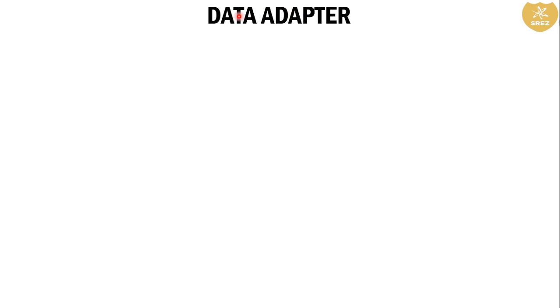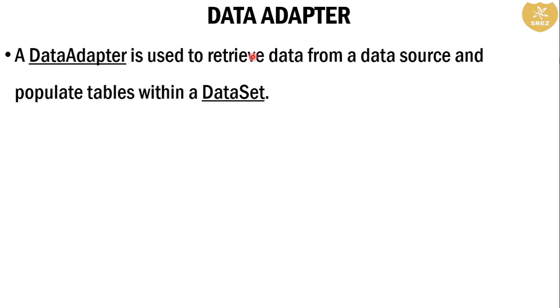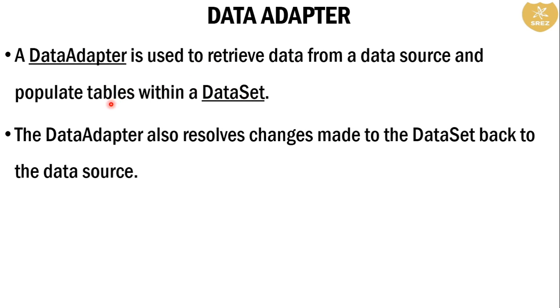Next one is data adapter. This is the most important part. Data adapter is used to retrieve data from the data source and populate tables within the data set. So the actual work of execution of the query is done by the data adapter. It will fetch data and store it in the tables of the data set. It also resolves changes made to the data set back to the data source. We will see in detail how this works, but remember for now, data set is the local buffer.